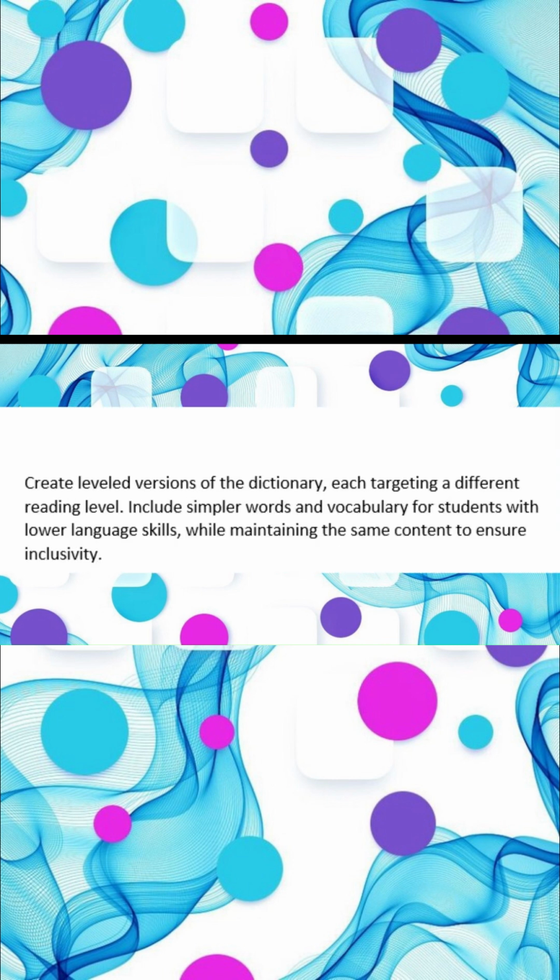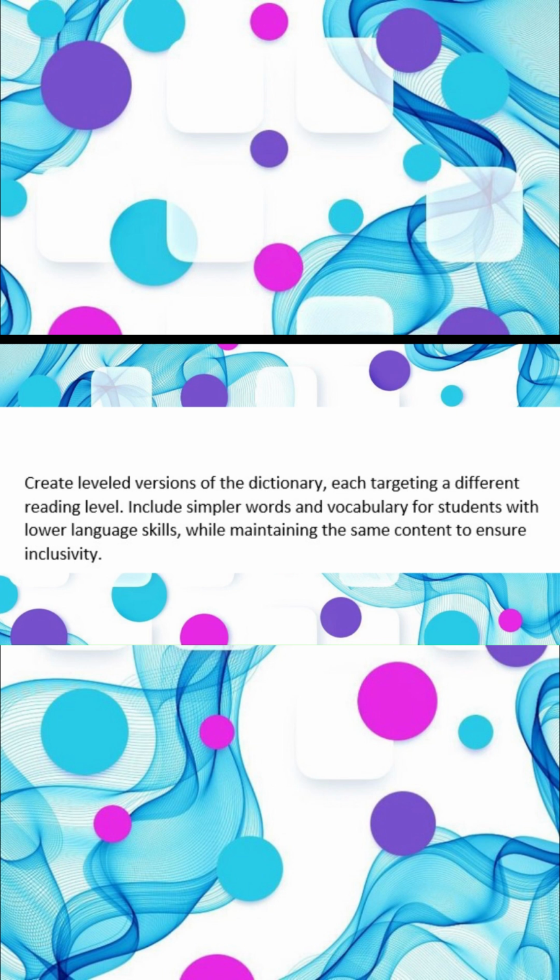Another recommendation that we have come up with as a group based on our challenge, in which some of the words within the dictionary were above the pupils' language skill, is that we could have created leveled versions of the dictionary, each targeting a different reading level, including simpler words and vocabulary for students with lower language skill, while we could have maintained the content to ensure inclusivity.